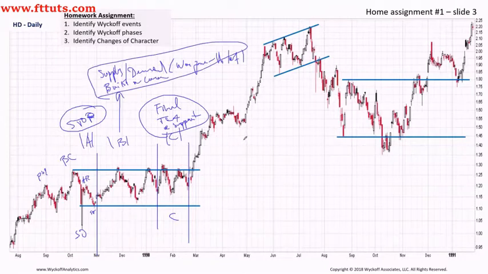Okay, so where is our phase D? Phase D follows the last point of supply, and then as the price moves out of the trading range.